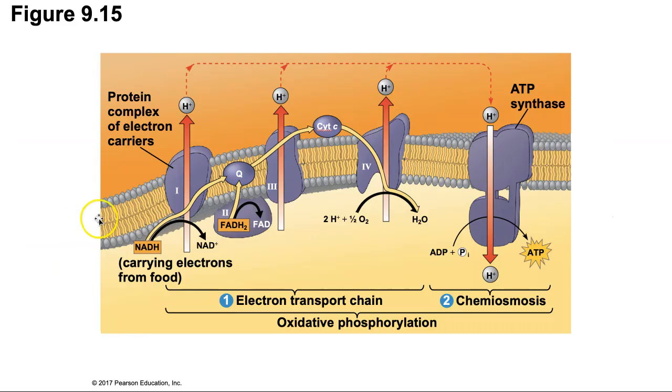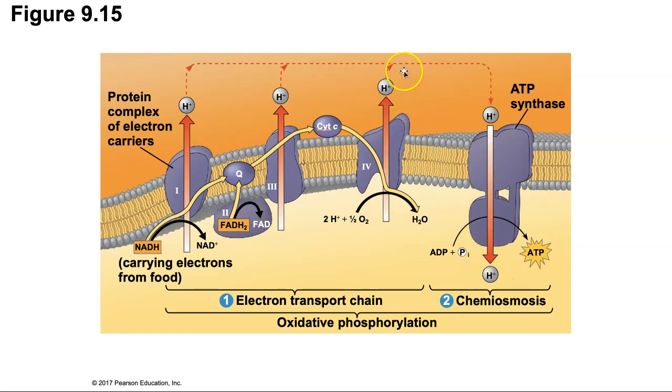The electron transport chain created this proton motive force. Again, there's no energy being used here. The electrons were taken off of NADH because of an energetic pull, because all of these are more electronegative. No energy being used here. So this proton motive force is created from that electron transport chain, and then that proton motive force drives the production of ATP.